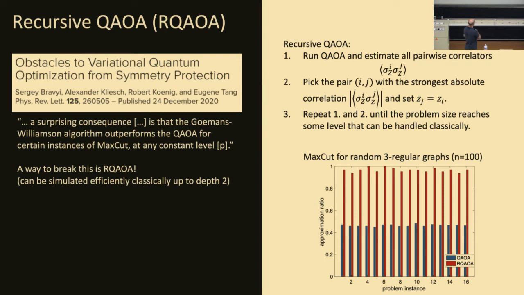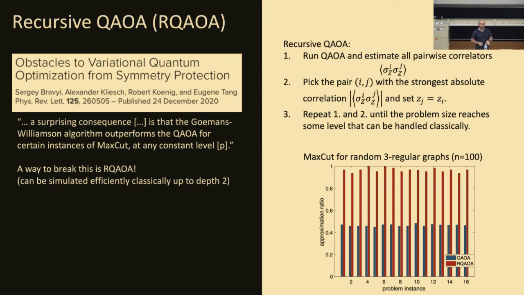And it has been shown in this paper that for these random 3-regular graphs, this is for 100 variables, on QAOA. So recursive QAOA at depth 1 and 2, since you never look at the full bit string but only at these local observables, can actually be simulated classically efficiently. That's why they can test this for n equals 100. So it has been shown that for this type of problem, QAOA at depth 1 achieves only an approximation ratio of 50%.